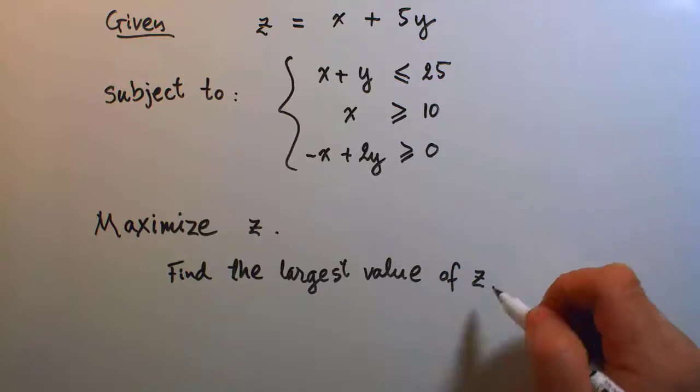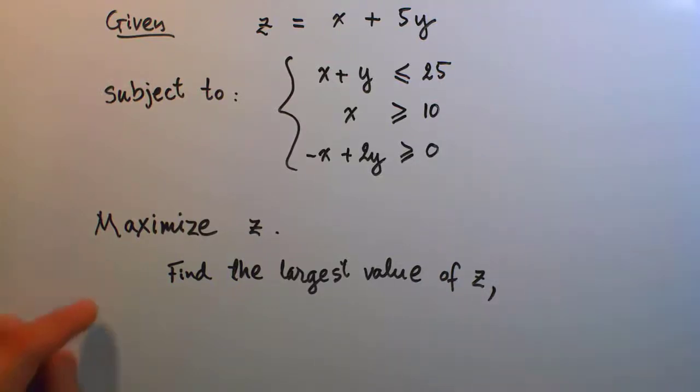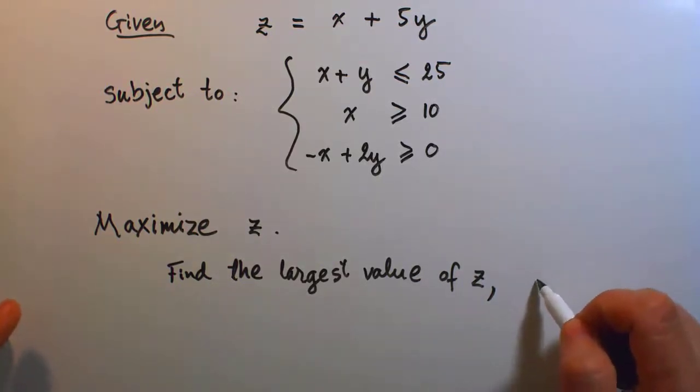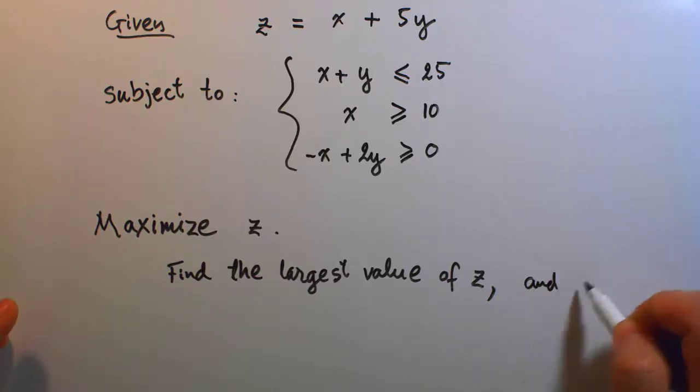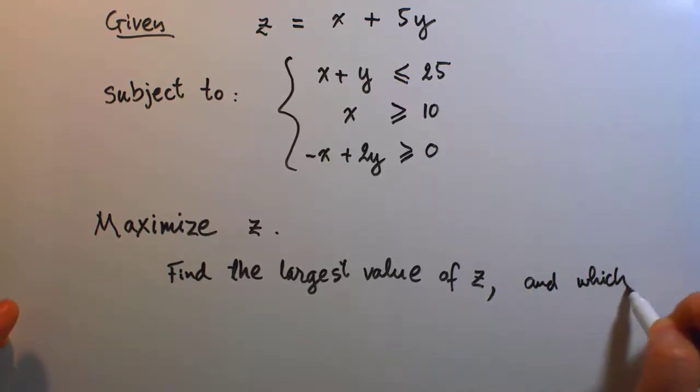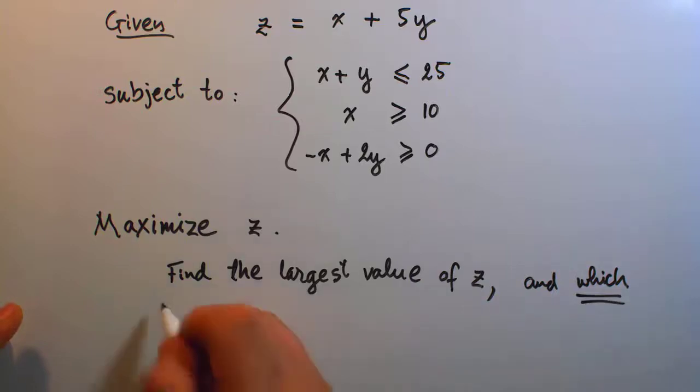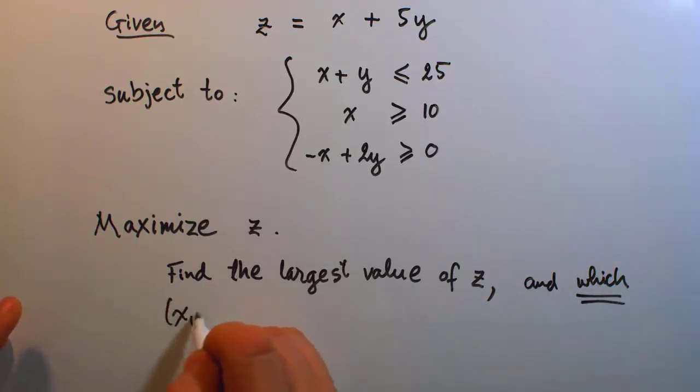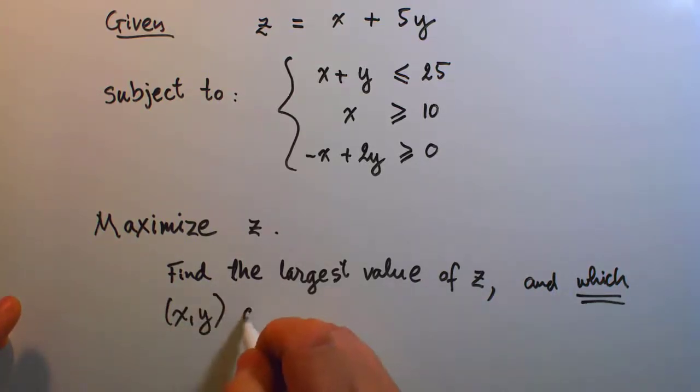And further, maximize is one term, but it actually means two things. We want to find the largest value of z, and which pair x and y gives the largest value of z.